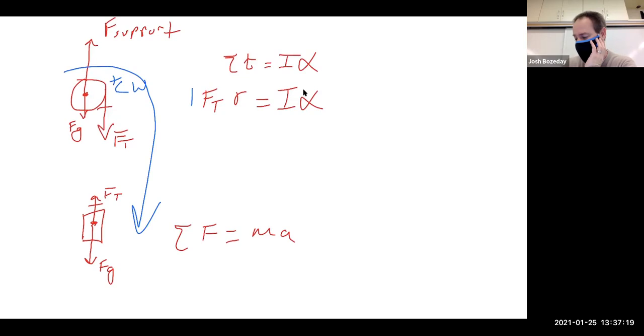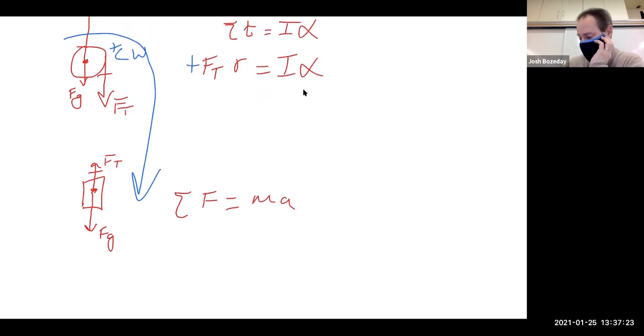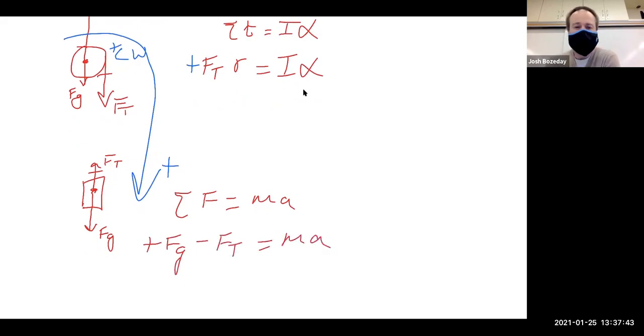But the important thing is that force gravity is positive and force tension is negative, because we bent our axis of rotation so that clockwise is positive and down is positive. So when I plug in my net force symbols, I'd say plus force gravity minus force tension equals MA, okay?